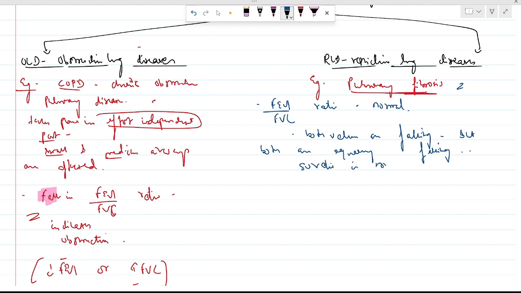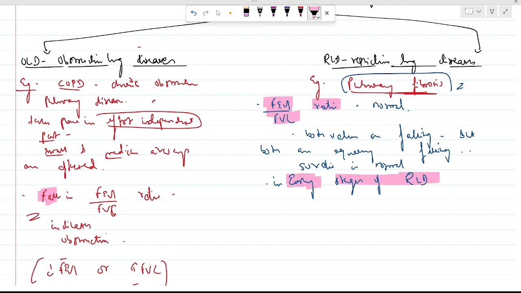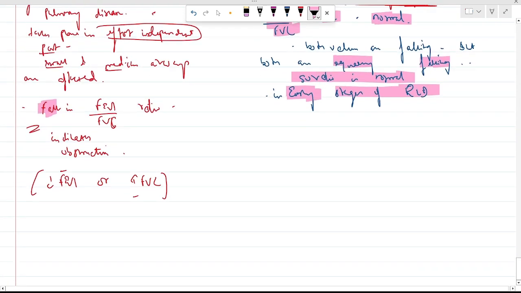This happens in the early stages of RLD, restrictive lung disease, for example pulmonary fibrosis.